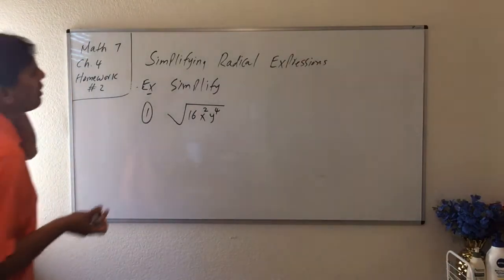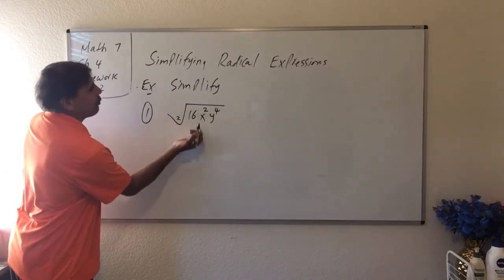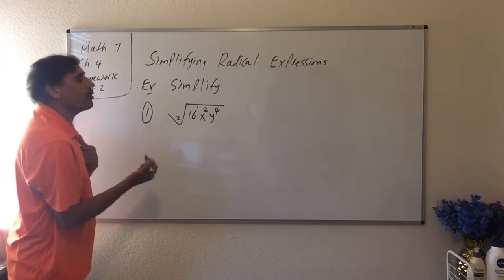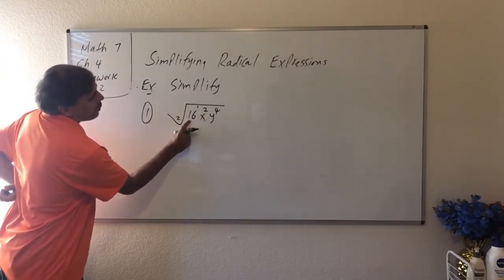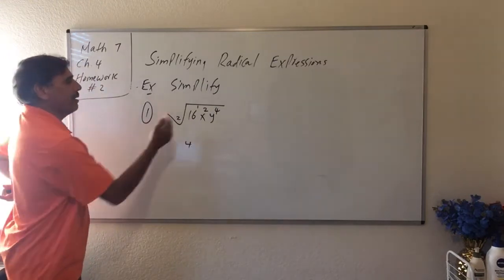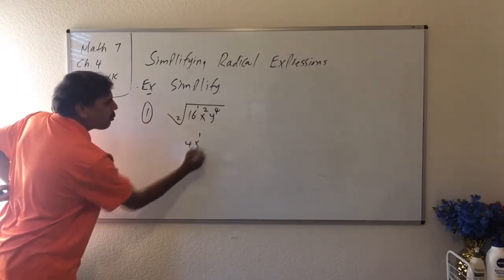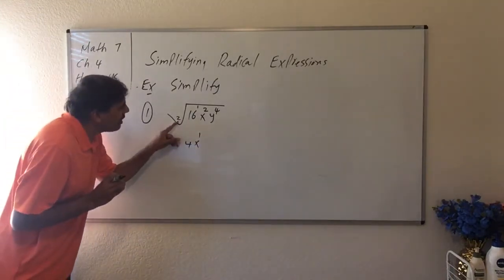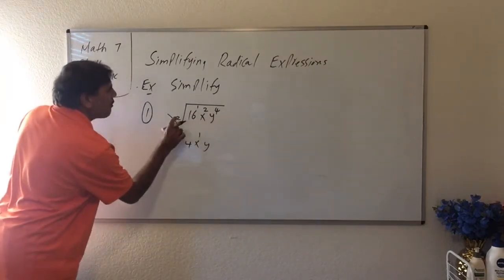No, we divide the power by the index. So you could write the 2 here. In this case, the power is 1. So remember, 1/2 is a square root. So square root of 16 is what? 4. Done. For x, 2 divided by 2 is 1. Remember, we only divide by the index inside. So for y, 4 divided by 2 is 2.